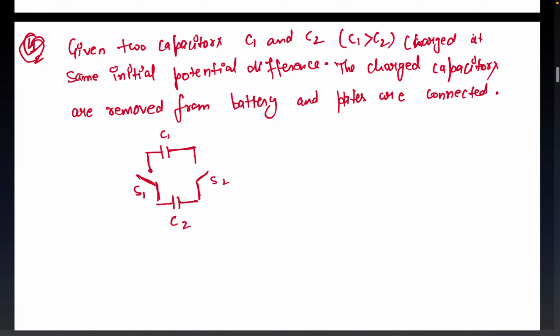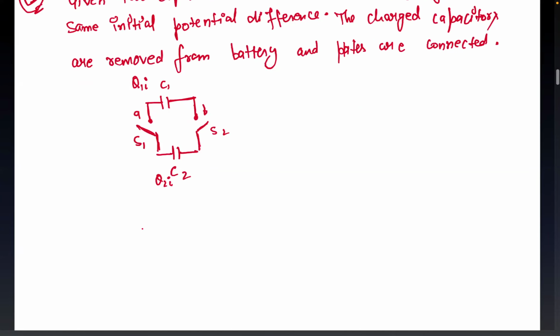Point A, point B. Initially this is charge one, Q1 initial, and call this Q2 initial. This is the initial condition, whatever the question is here.